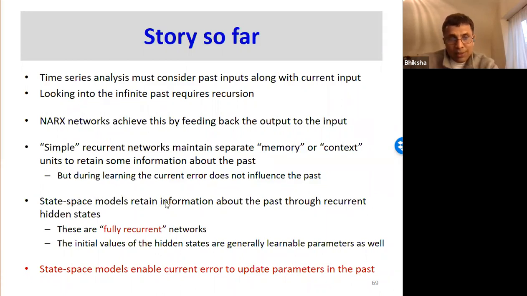State space models retain information about the past through recurrent hidden states. So these are fully recurrent networks. The initial values for these hidden states must be specified, and usually these can be treated as learnable parameters. And in state space models, they enable the current error to update parameters in the past as well.